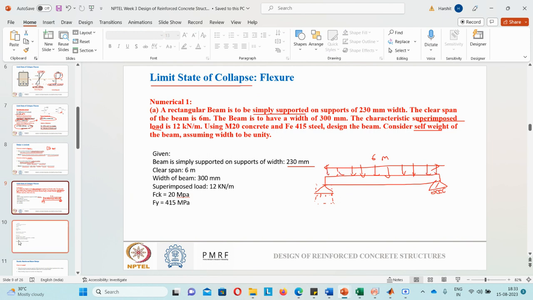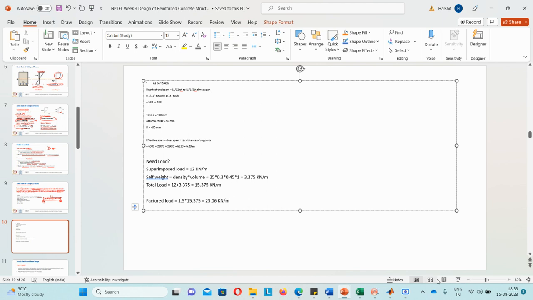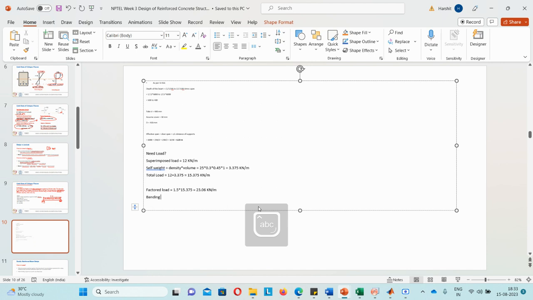Okay, now we know the load, this continuous load acting on the simply supported beam. So what will be the formula for bending moment? It will be WL square by 12, WL square by 8. This everyone knows. From basic structural analysis, we know the maximum bending moment in the beam when a continuous load is acting on the beam.